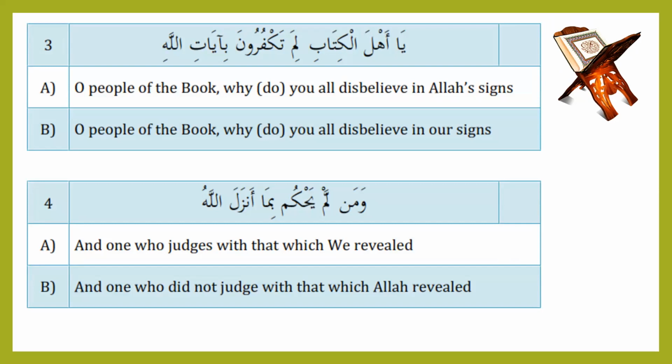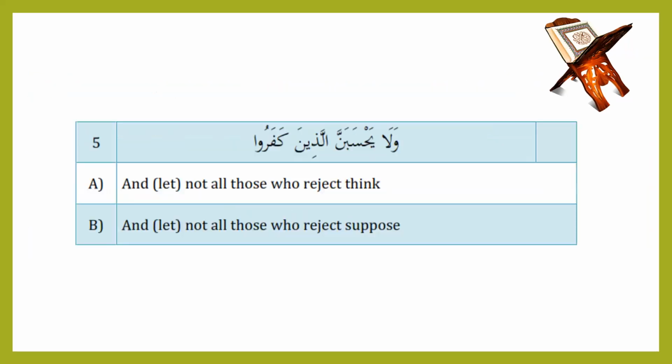Oh, people of the book, why do you all disbelieve in Allah's signs? A. Correct answer. ومن لم يحكم بما أنزل الله, and one who did not judge with that which Allah revealed. B. Last one. ولا يحسبن الذين كفروا, and let not all those who reject suppose. B is the correct answer.